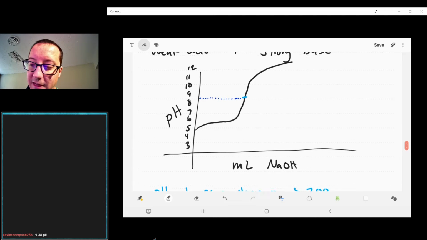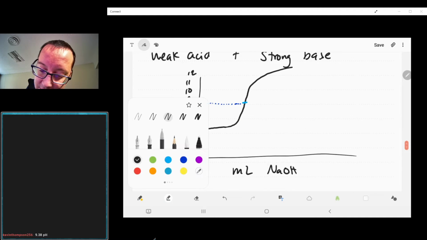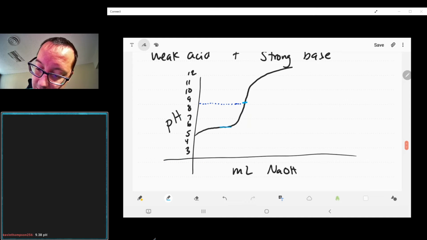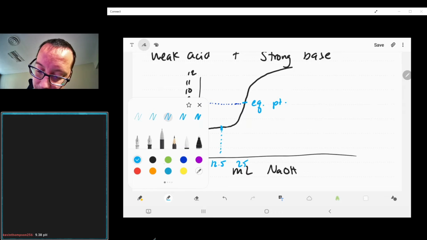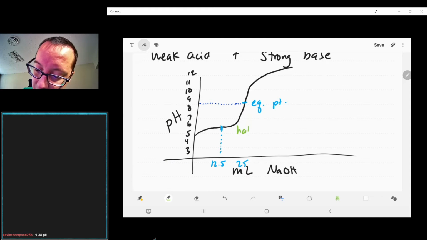Alrighty. So with that in mind, a couple of other interesting points are on this. So if it took maybe 25 mL to react this, at 12.5 mL, we have, this is, by the way, the equivalence point. This one is called the half equivalence point, where we'll add half as much NaOH as we need. And what that means is that we will have reacted half of our acid.